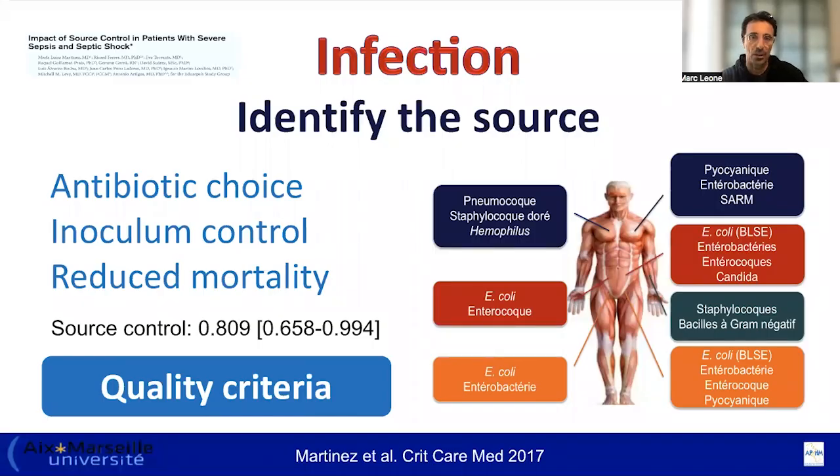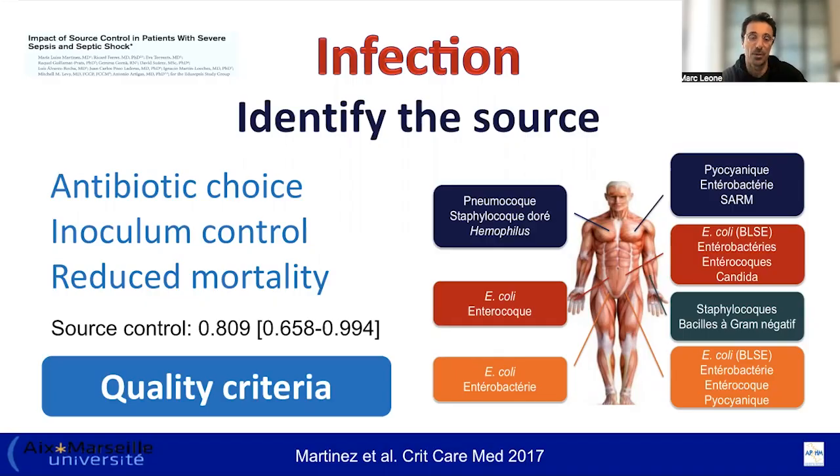The identification of the source of infection is mandatory. You cannot miss it. That's critical for the choice of the antibiotic treatment. If I don't have the source of infection, I cannot guess which bacteria I target with my antibiotic. So that's critical for the antibiotic choice, and thus critical to reduce the inoculum.